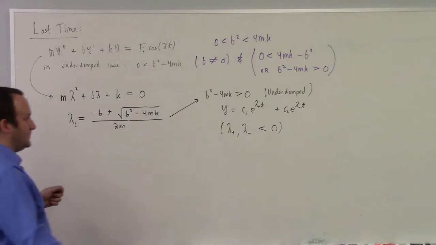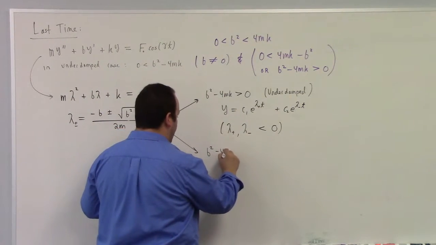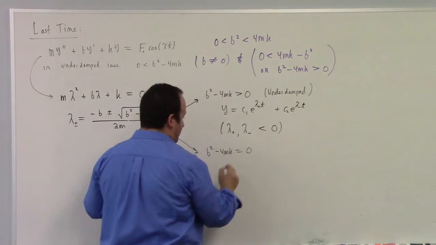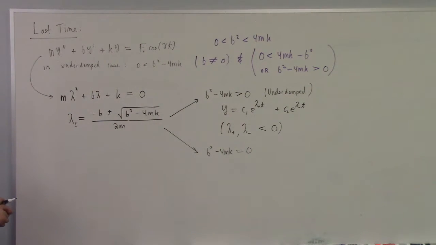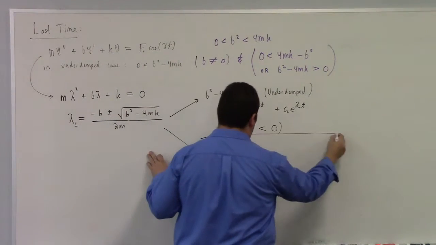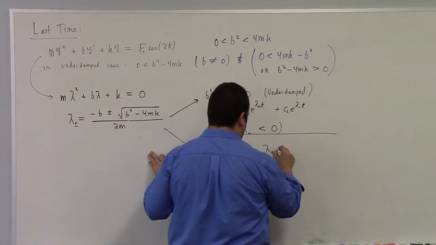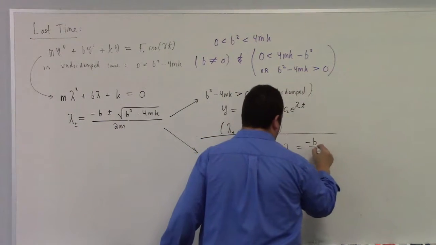The other case would be when the discriminant b squared minus 4mk is equal to 0, right? There you have lambda plus equal to lambda minus, and they're both equal to minus b over 2m.